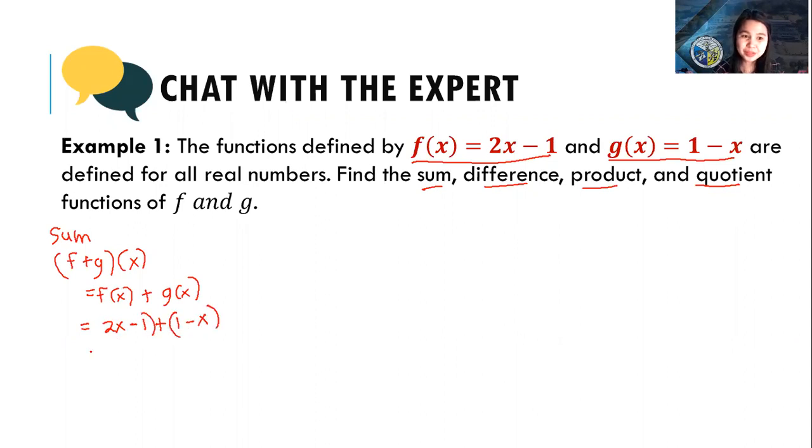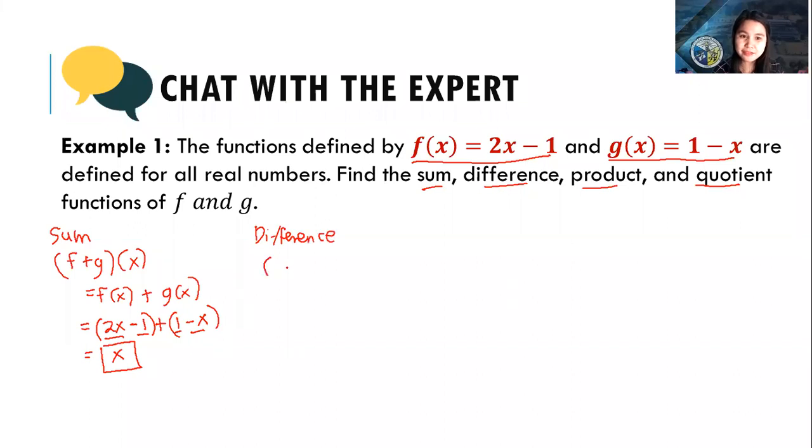So our answer is 2x minus x is x. Negative 1 plus 1, that's 0. So our sum function will only have x. Next, let's have the difference.